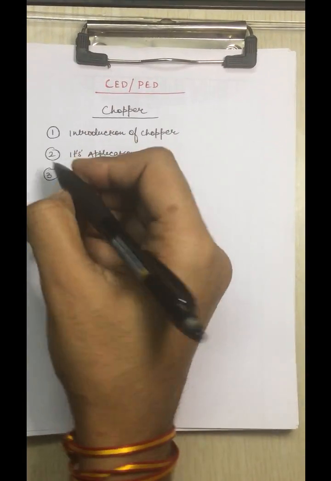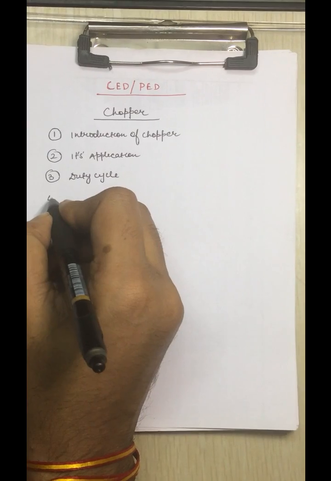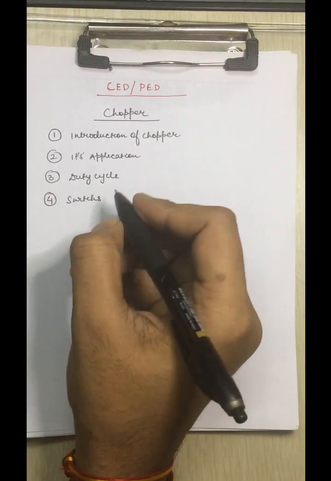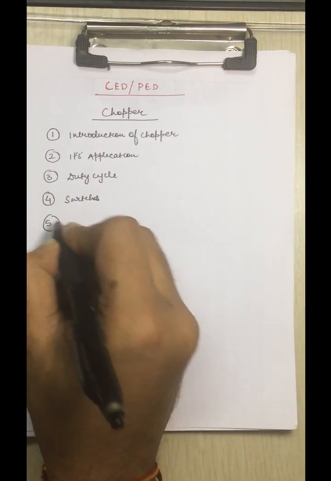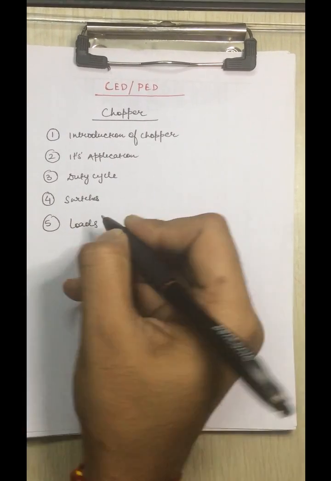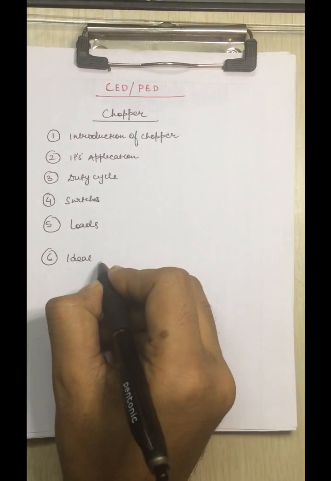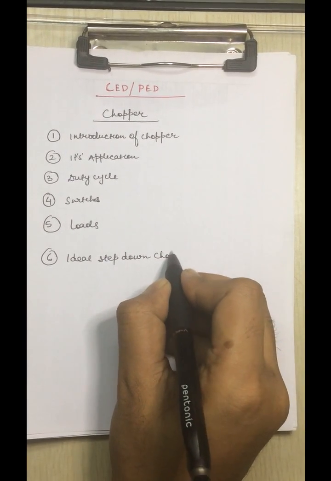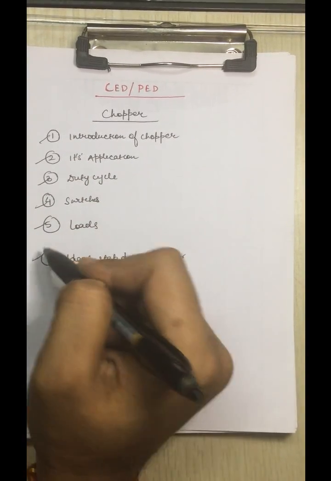Third one is duty cycle. Fourth one is switches. Fifth one is loads, and the last one is ideal step down chopper. So these are the points which today I will discuss in this lecture.